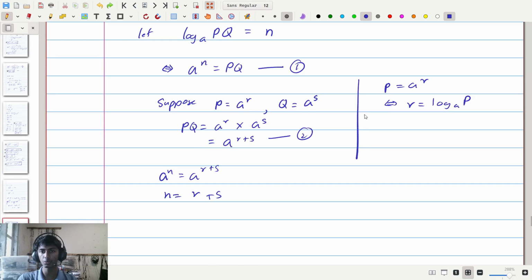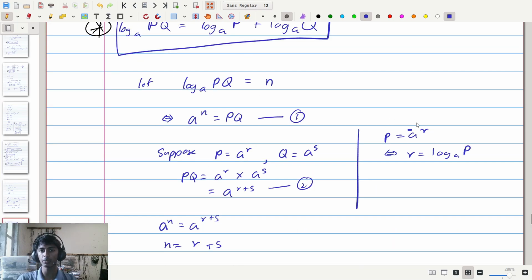We are rewriting that using that format. P is equal to a to the r, which means log base a of p is equal to r. Similarly, if q is equal to a to the s, then we can say, with the if and only if sign as well, that s is equal to log base a of q.